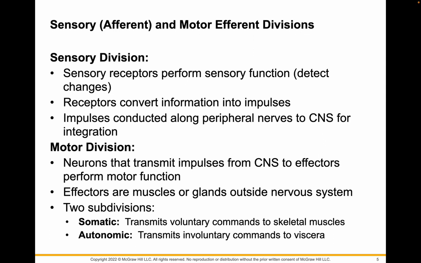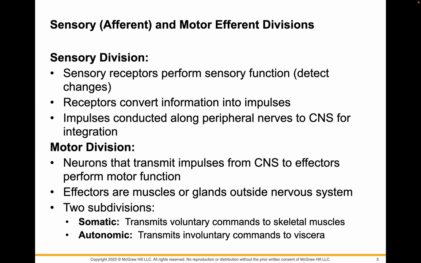And there are two subdivisions of the motor division. And these show up so much later on in anatomy too. Somatic. Soma means body. And so somatic transmits to your voluntary skeletal muscle. We just studied that, how skeletal muscle is controlled by you somewhat or most of the time.